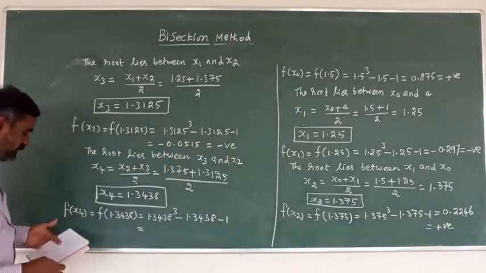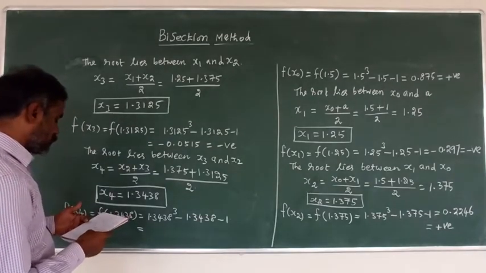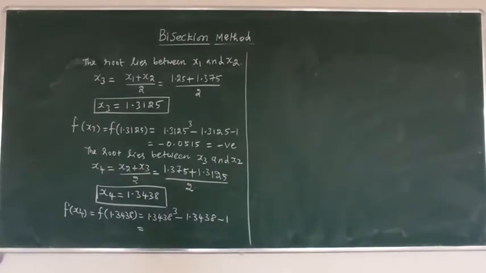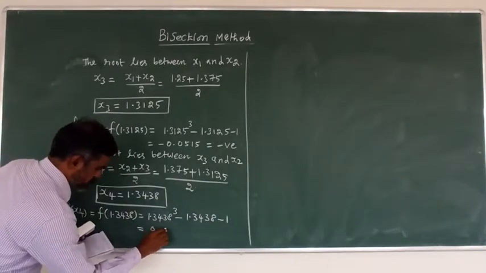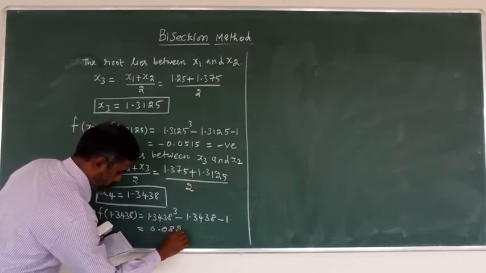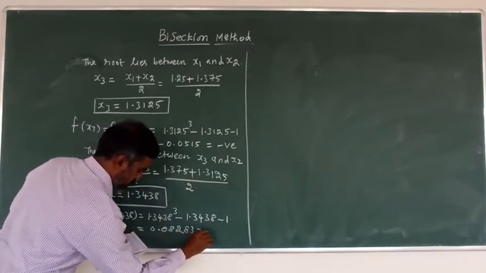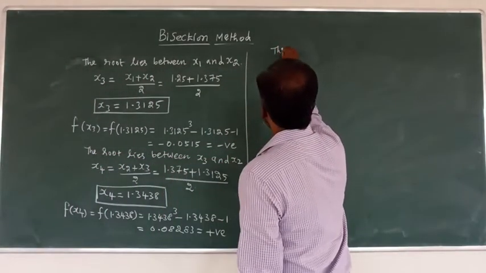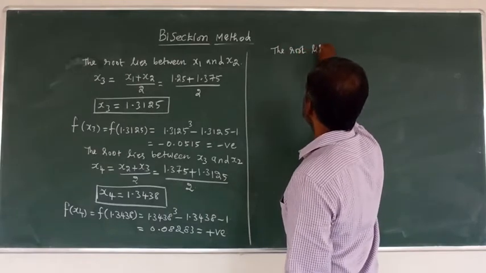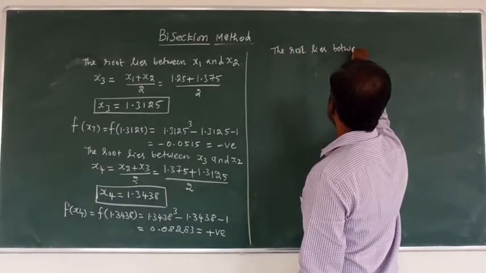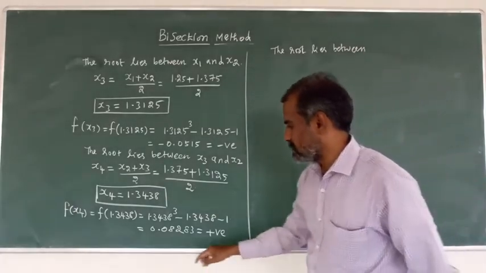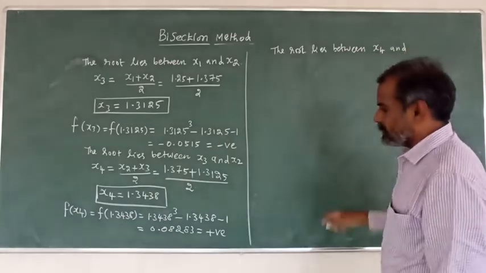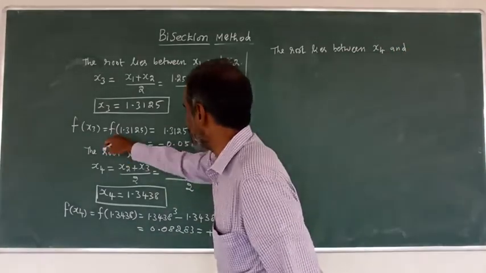Now to check whether it is positive or not, this is 0.08283, which is a positive result. So the root lies between one positive result, x4, and the negative result, x3.